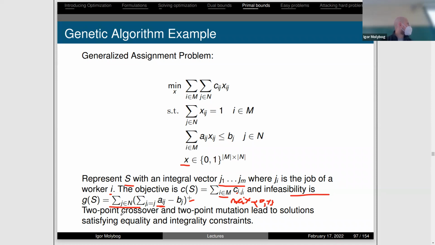So the two-point crossover and two-point mutation would lead to solutions that are satisfying this equality constraint and the integrality constraint.